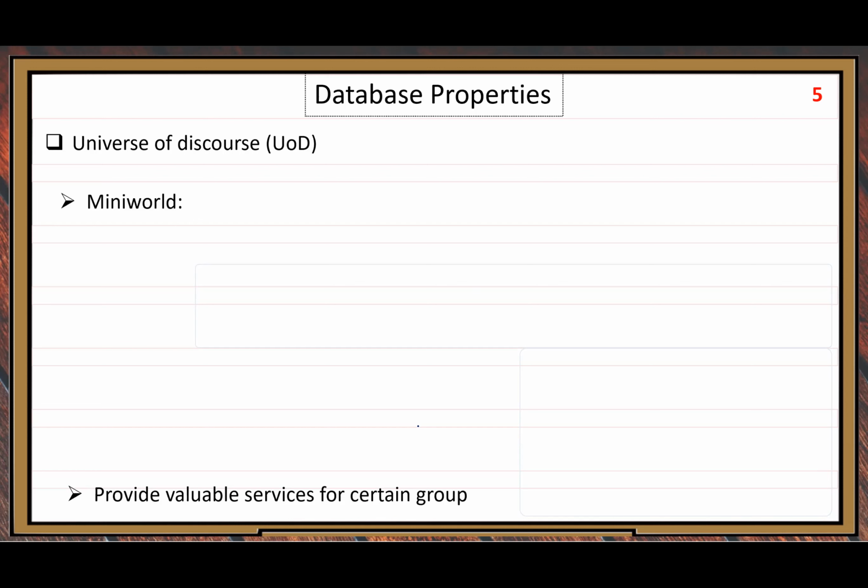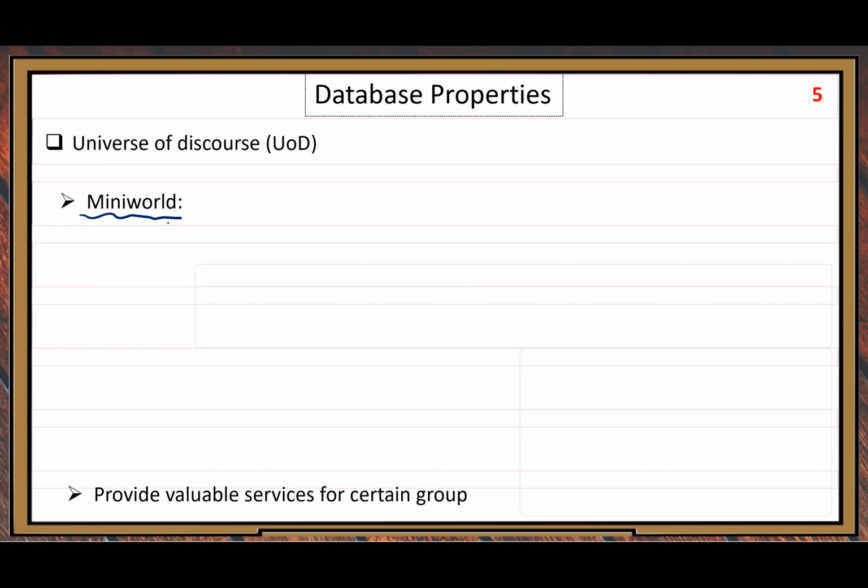Because the database we create, we want to model certain business. That related business, that part, we use another word for it, mini world. Not the usual world, that's too big.